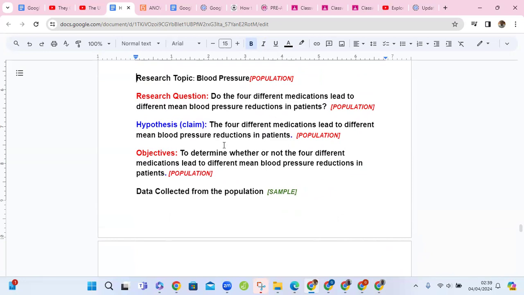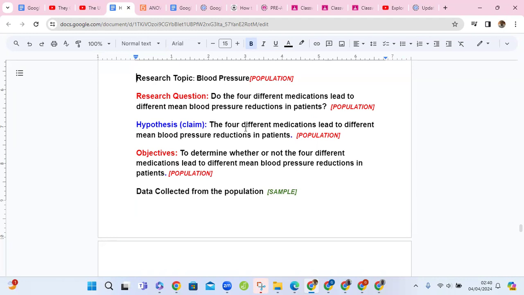The hypothesis, which again is talking about the population, is that the four different medications lead to different mean blood pressure reductions in patients. That's the alternative hypothesis right there, because the null is saying that the means are equal.